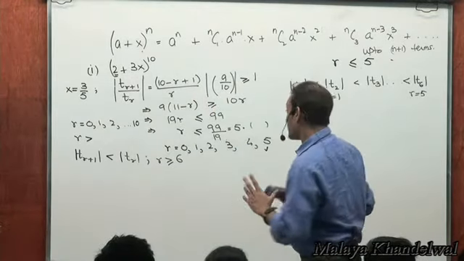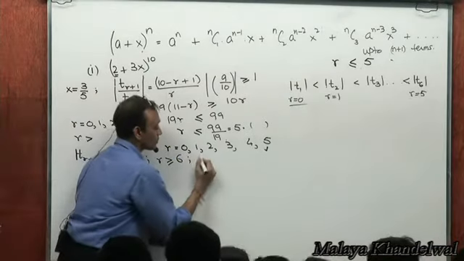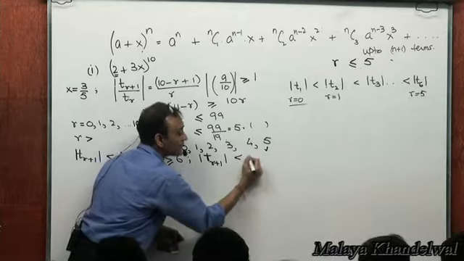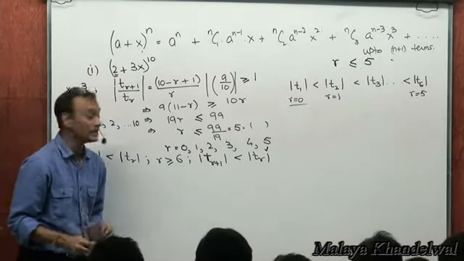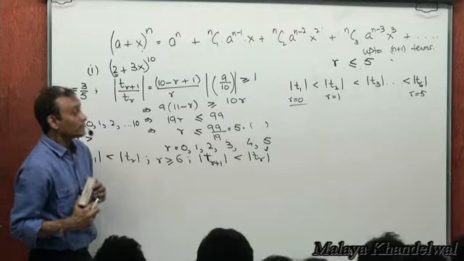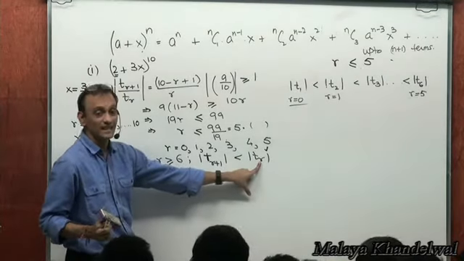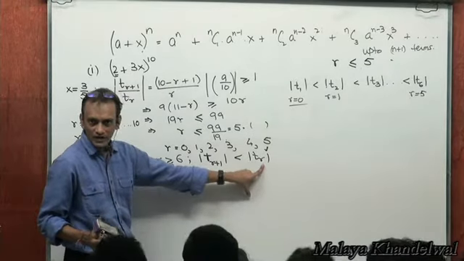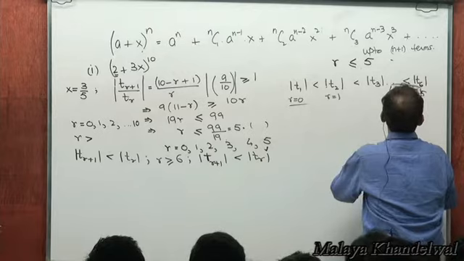That means for r greater than or equal to 6, mod tr plus 1 will be less than mod tr. That means for r equal to 6, mod t6 will be greater than mod t7. So this is mod t6.